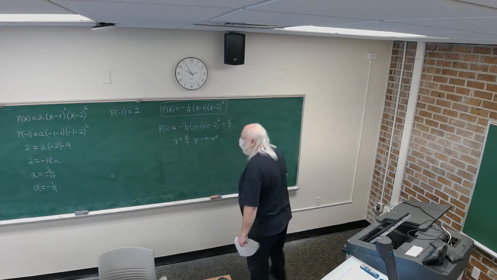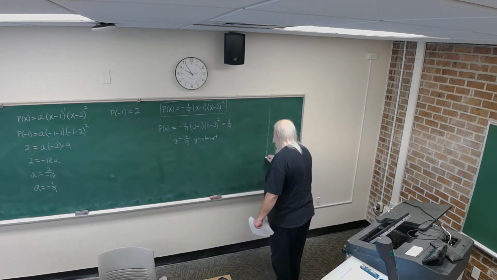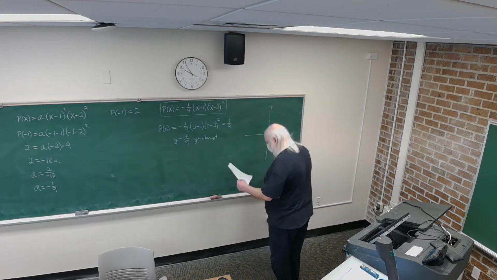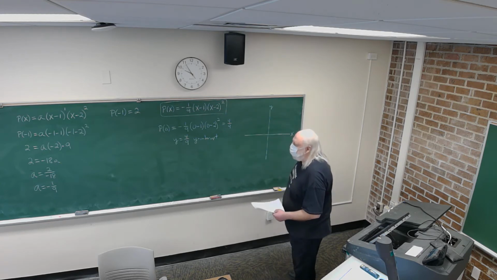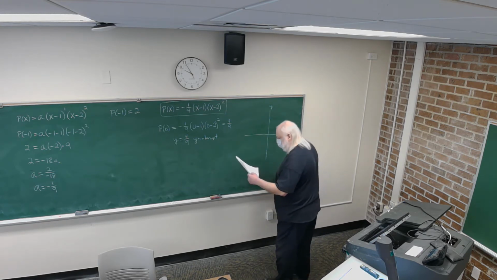So now let's graph this then. So we have x-intercepts at x equals 1 and x equals 2.